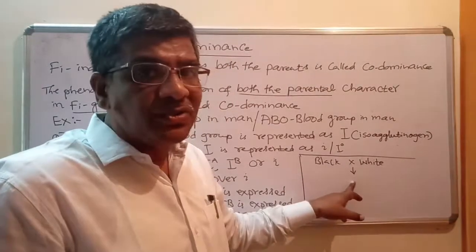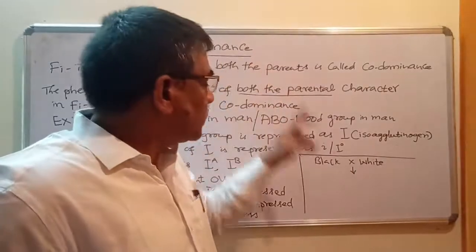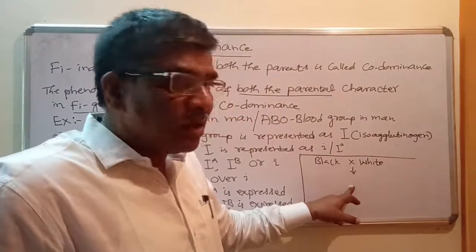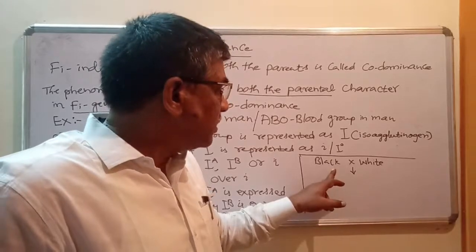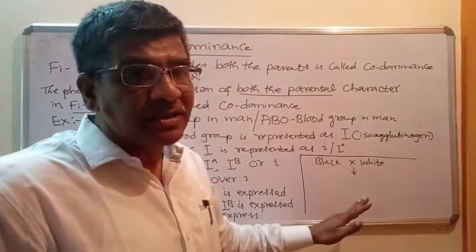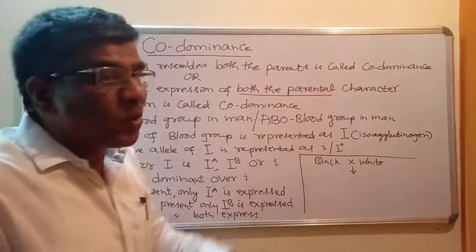But in codominance, the calf gets both the coat colors, both white and black patches appear in the F1 generation. Therefore both the characteristics are expressed in the F1 generation. This condition we call codominance.